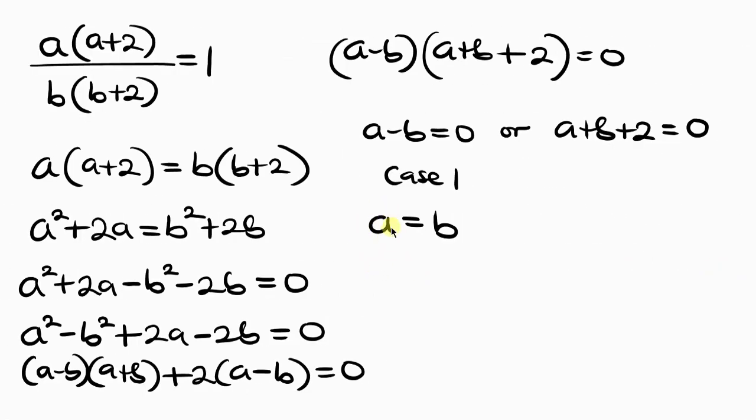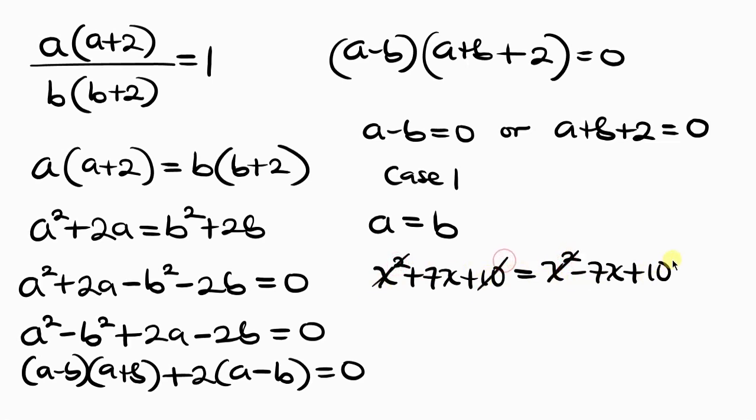So we know that a is actually x squared plus 7x plus 10, and this is equal to b. B is x squared minus 7x plus 10. Now we have x squared on the left and x squared on the right, so they can go off. We have 10 on the left and 10 on the right, so they can also go off.